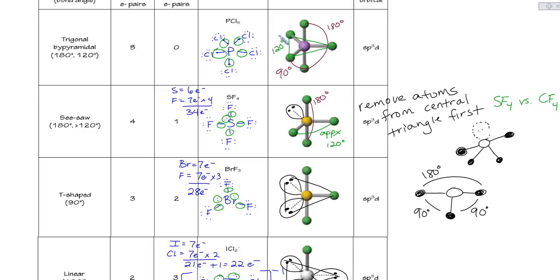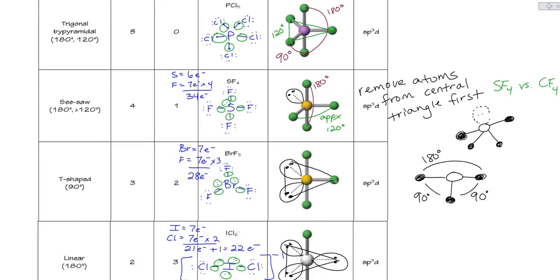If you remove 1, you're at the seesaw shape, where you've kind of got these 2 angled atoms in the center, and then you've still got top and bottom, the 180s. If you remove 2 around the center, you're left with the T shape. You got the 180 top and bottom, and then you just have 1 atom left around the center.